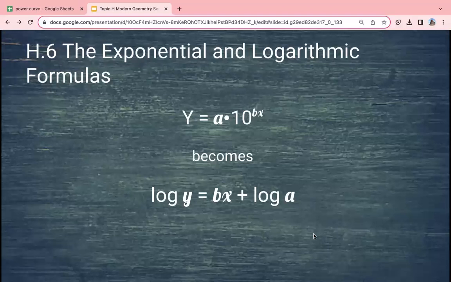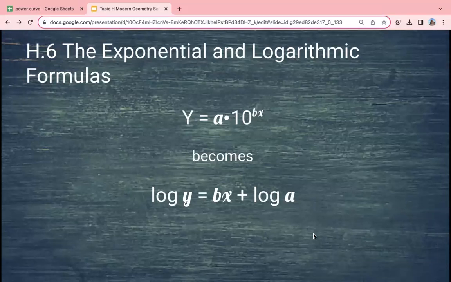So by taking the common logarithms of both members of the equation y is equal to a times 10 to the power bx, this will now become log of y is equal to bx plus log of a. So here, your log of y is a linear function of x. Hence, the exponential formula is applicable to a set of data if the points x and log of y are in close proximity to a straight line.